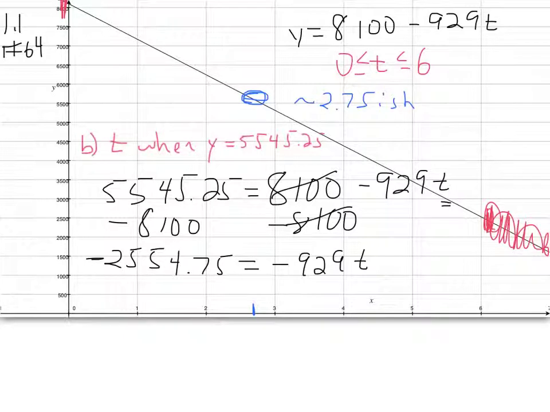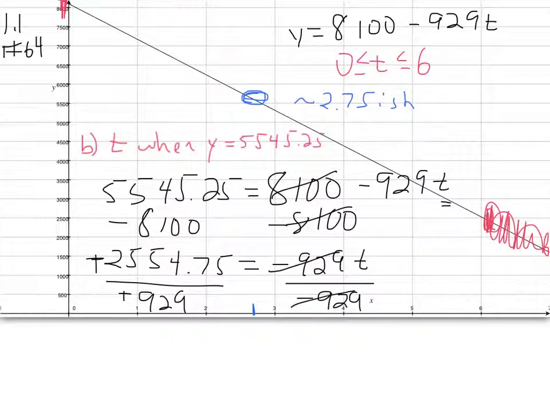All right, so we still want the t alone, so the next thing we do is we divide both sides by our negative 929. All right, so the negatives will cancel out. This entire thing cancels out, leaving us a t on the one side. And if we plug this in, divided by 929, we're going to get 2.75.